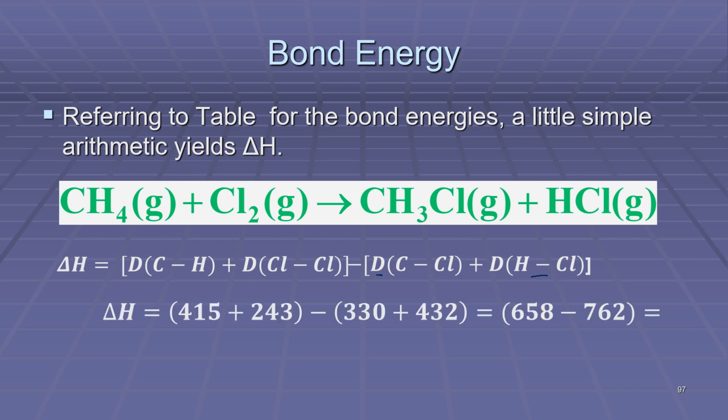So we have 415 plus 243, and then minus the sum of 330 plus 432. Look those up on the table. 658 minus 762 gives you a delta H of negative 104 kilojoules. So overall, we put less energy in than we got out. So this is an exothermic reaction.